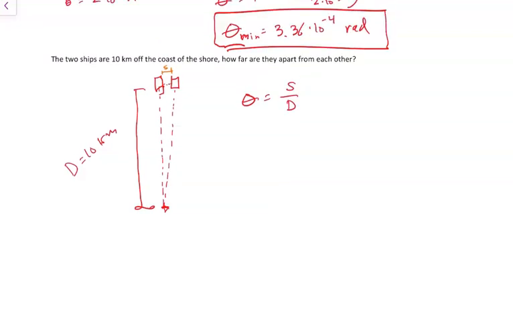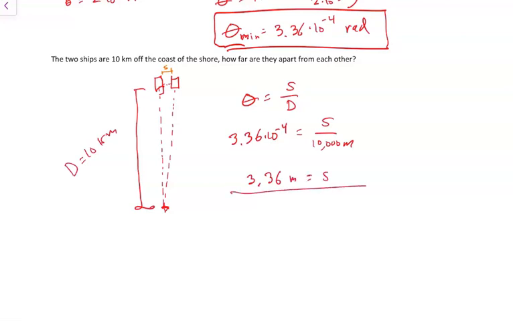And we've identified the minimum angular separation for them to be just resolved. Let's assume that's still true. So we still have that value, 3.36 times 10 to the negative fourth, is equal to s over 10,000 meters, to solve for it in meters. So when I multiply 10,000 to the other side, that's 1 times 10 to the fourth. So it's going to cancel out the 10 to the negative fourth, and I'm going to get 3.36 meters.